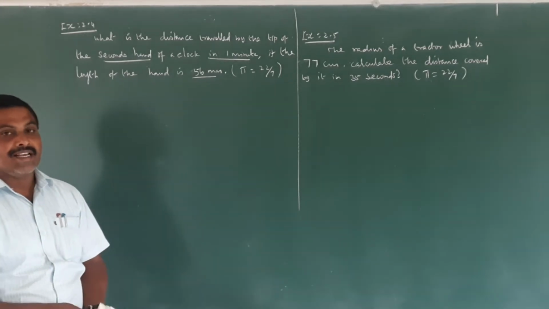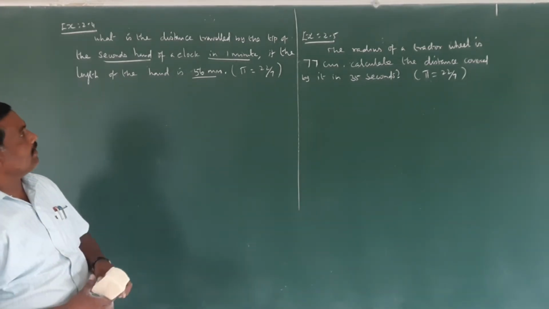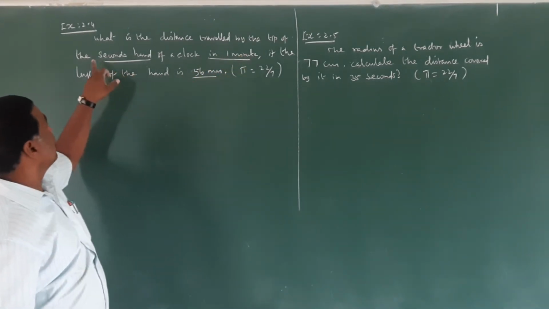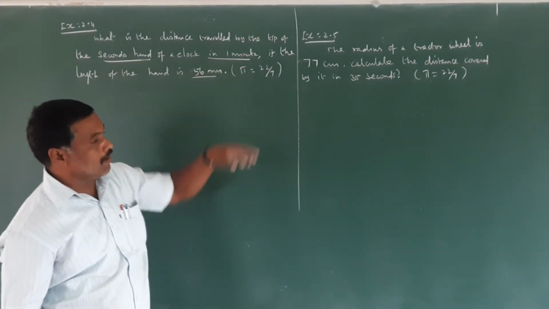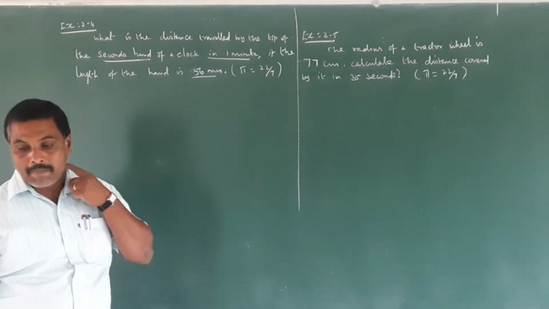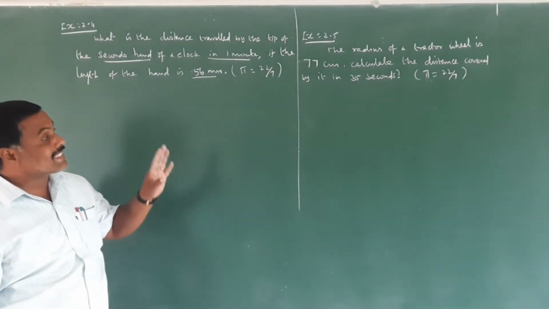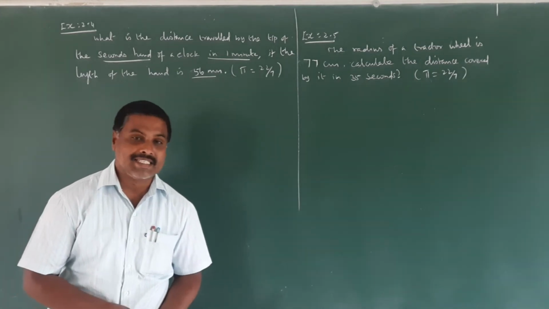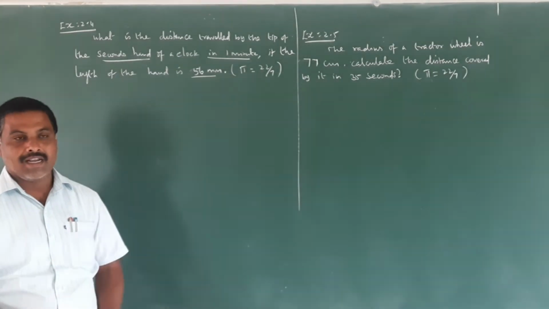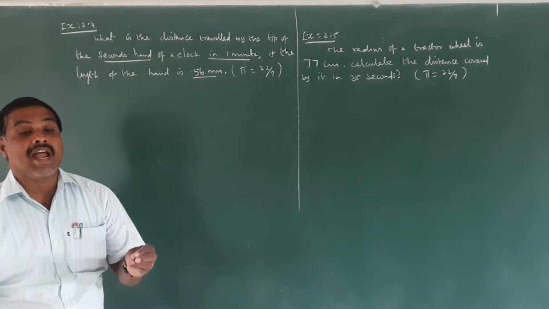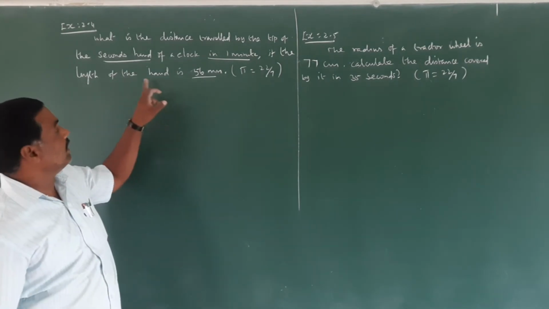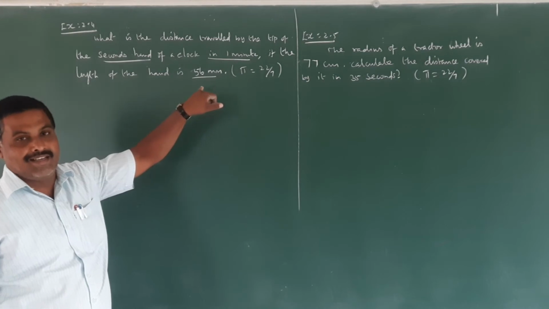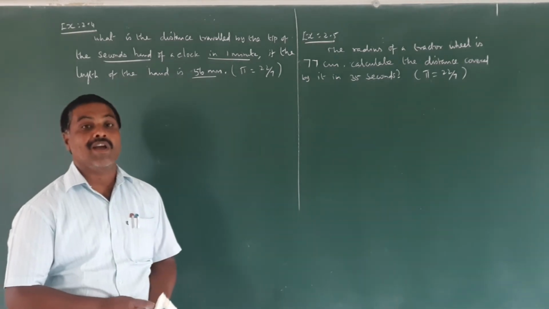The circumference of the circle equal to C. The length of the second hand is the radius of the circle, radius equal to R.